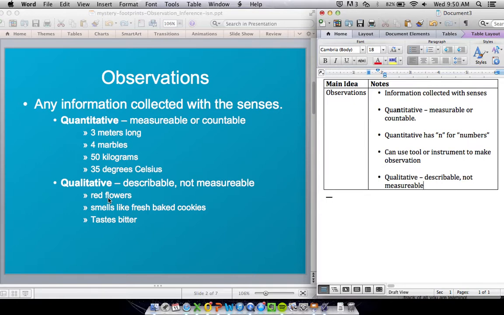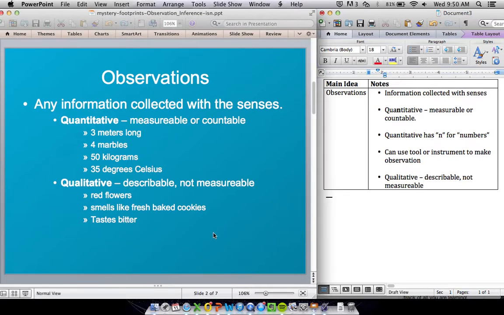They are red, and we're using our sight to pick that up, but that's not a number value. Red is not a number. It smells like fresh baked cookies. This food tastes bitter. Those would be qualitative observations. Again, factual statements collected with our senses, but since these don't have any numbers, you can't count or measure them. We would consider those qualitative observations.